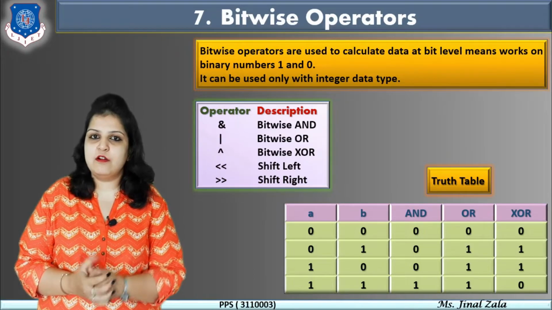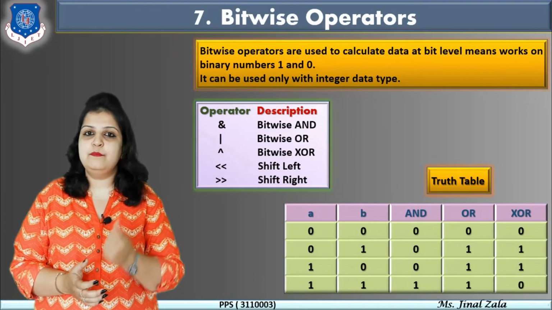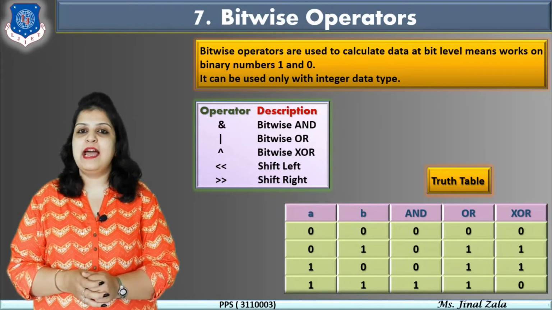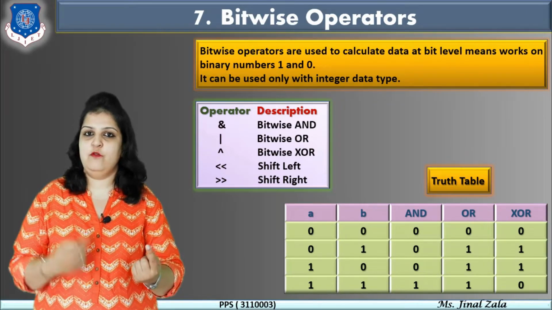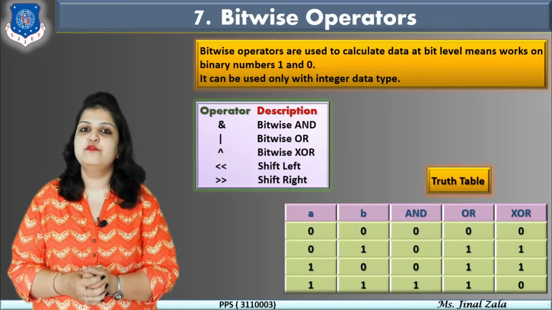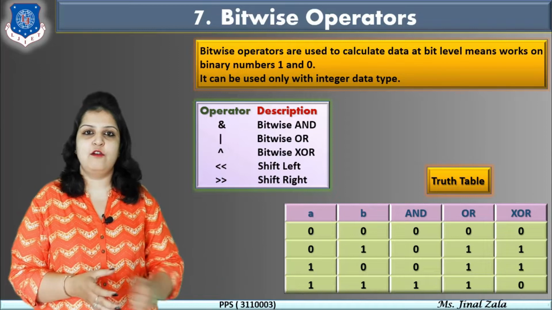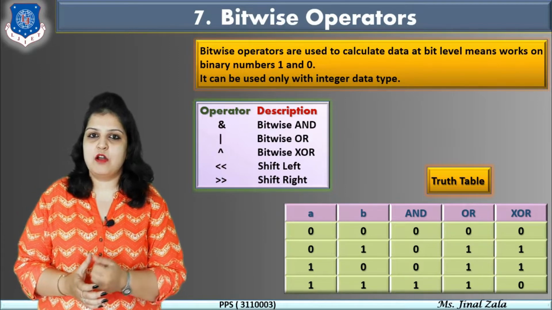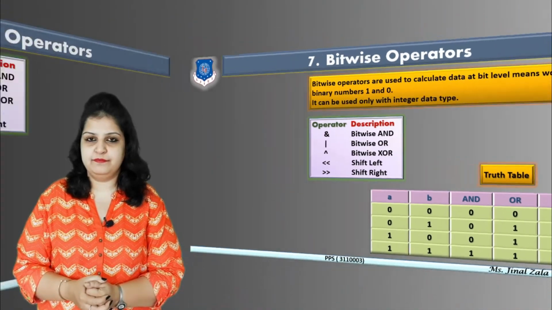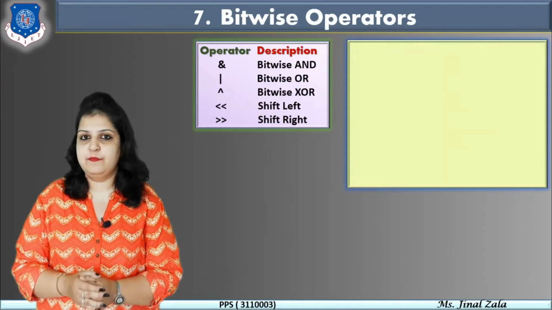In XOR operation, when the two inputs are the same, the output will be 0, and when one input is 0 and one input is 1, in this case we will get the output 1. So see the last column, which is the XOR operation.